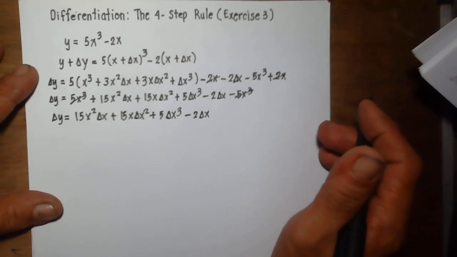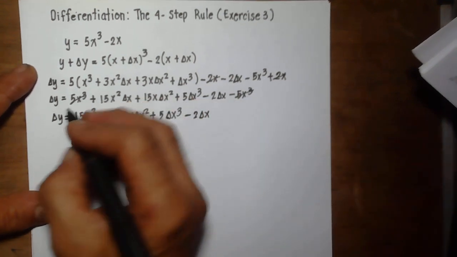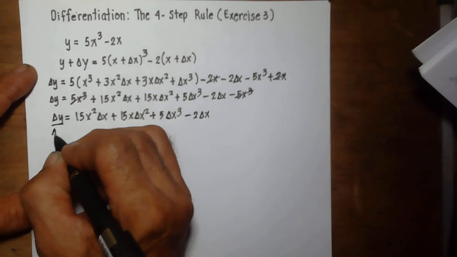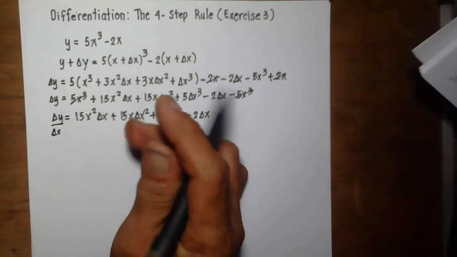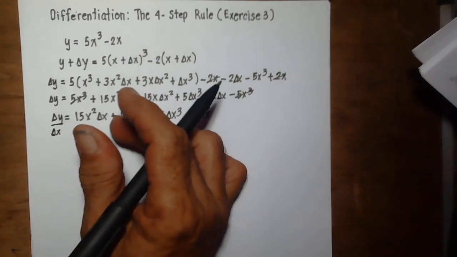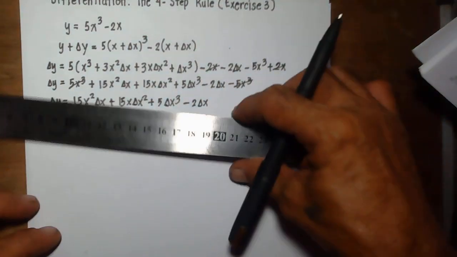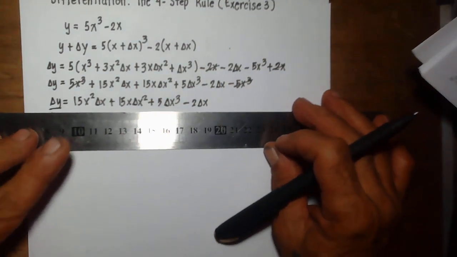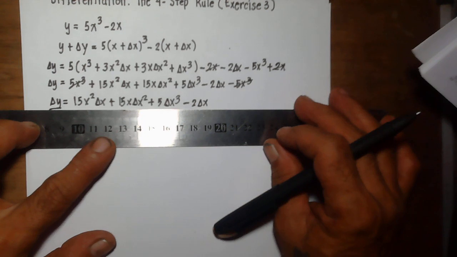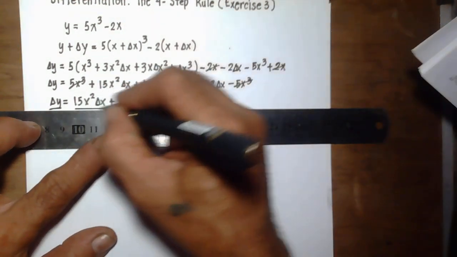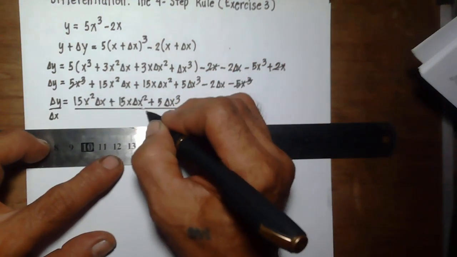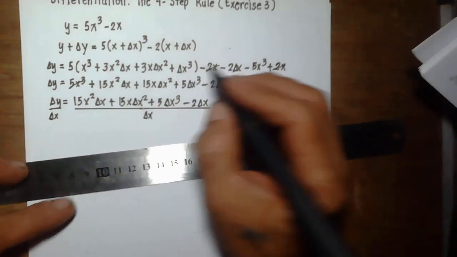Now to find delta y over delta x, we divide both sides by delta x. So let us take a ruler. Now we have delta x.